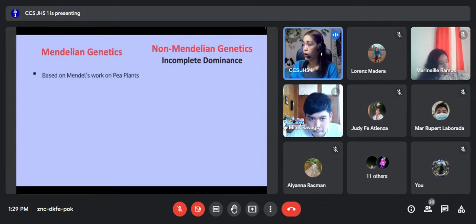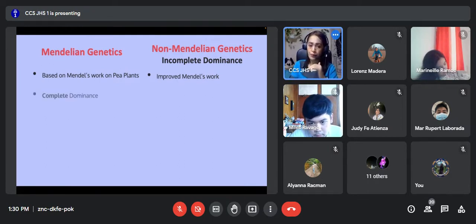In terms of the start of Mendelian genetics, this is based on the work of Mendel and his observation when he was working with pea plants. However, non-Mendelian genetics refers to the different works of scientists which further improved Mendel's concept that he was able to establish with his pea plant experimentation.